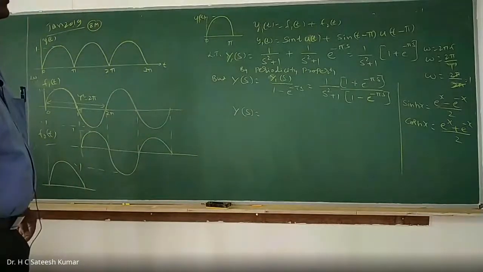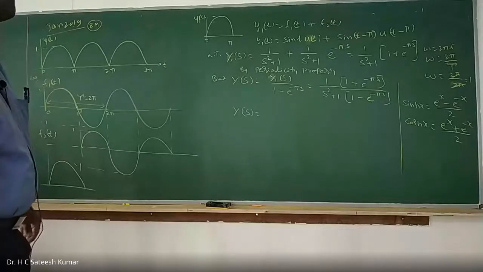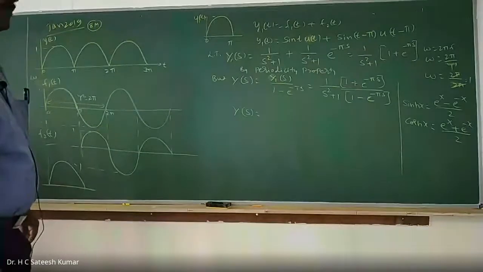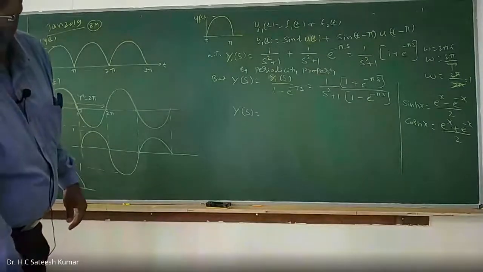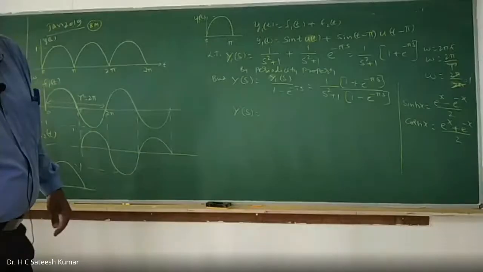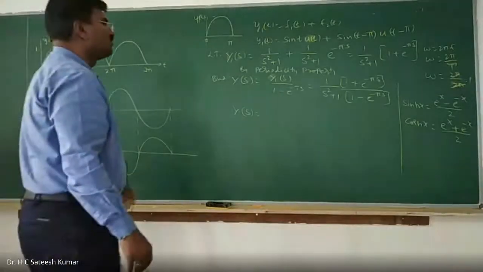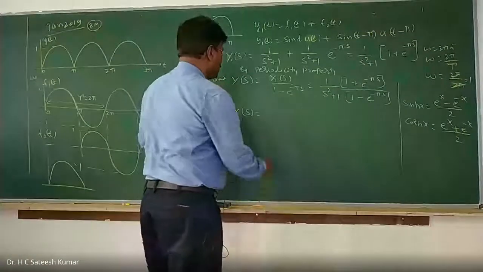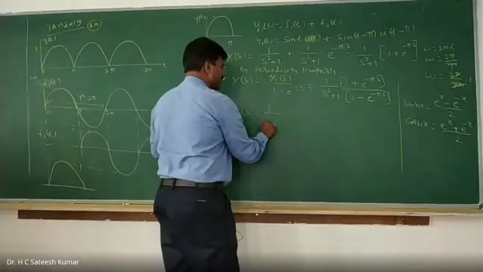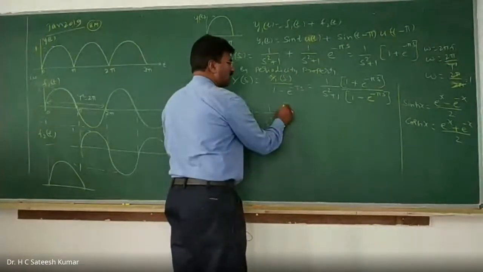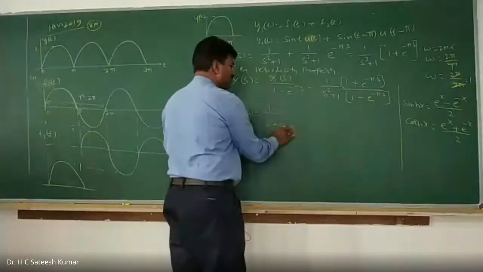If you take e to the power of x outside, e to the power of minus 2x, you will get it. Okay. So what we can do here is, in this one, 1 by s square, we can go for that format, into e to the power of pi s, I will take it outside.